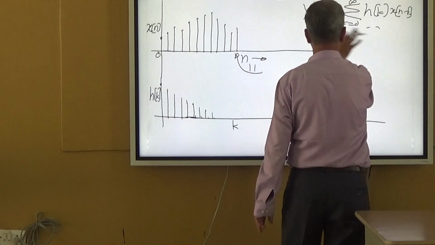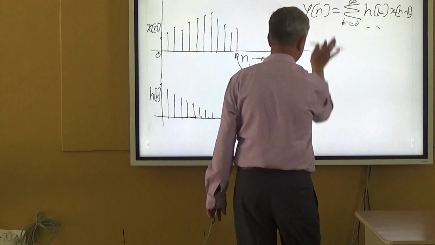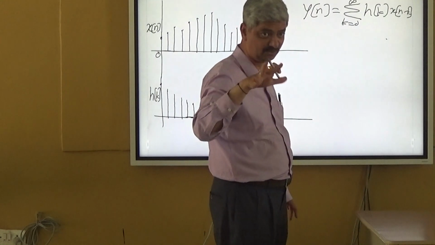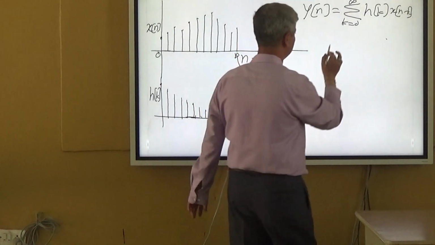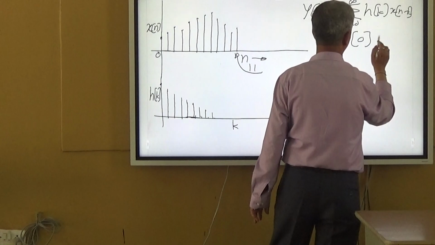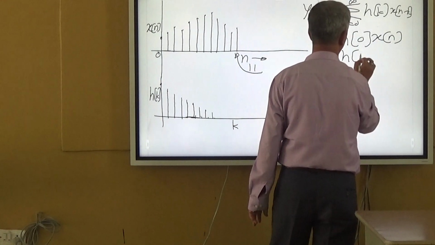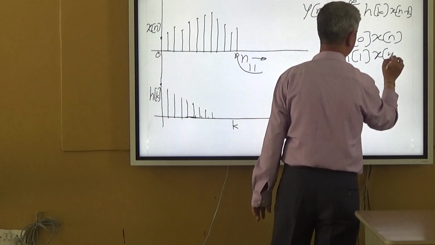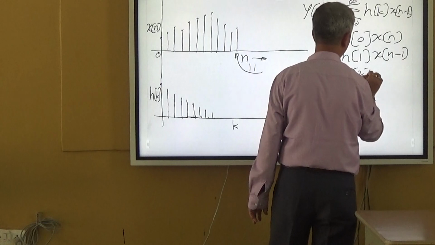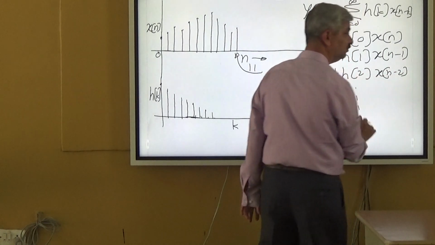Even though in the expression it looks simple, sometimes it gets complicated and we are unable to get it exactly. So it is h0 xn plus h1 xn minus 1 plus h2 x of n minus 2, and it will continue.